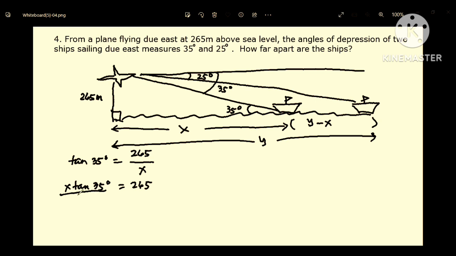And then we divide both sides by tan 35. So by using your calculator, x is equal to 378.46 meters.